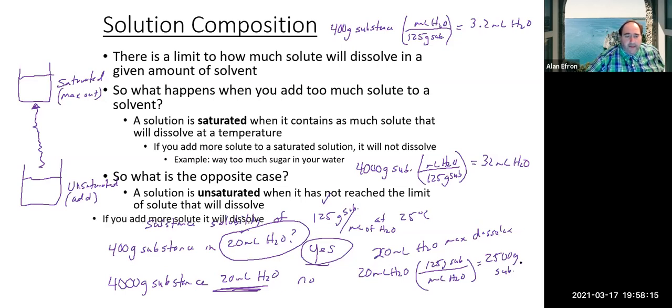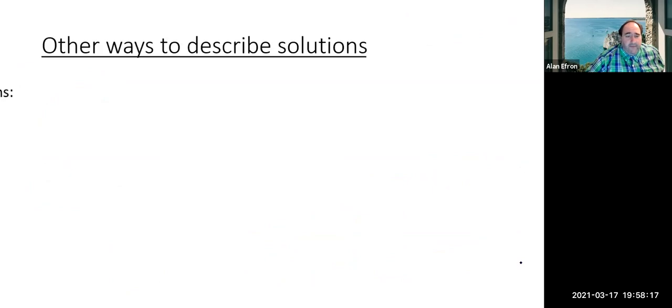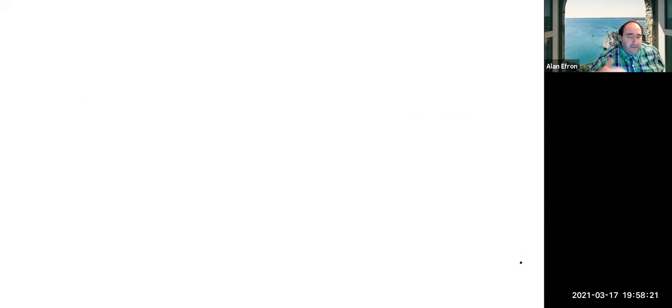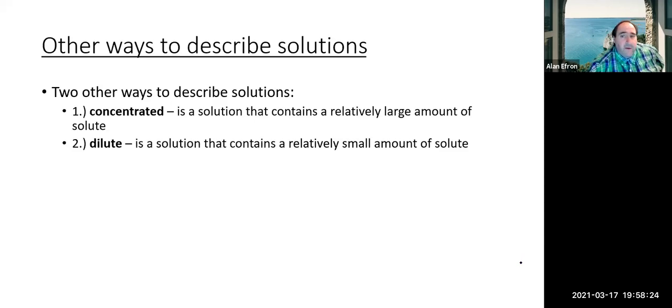Now, there are a couple other common ways we describe solutions: concentrated or dilute. A concentrated solution has a lot of solute dissolved in a very small amount of solvent. It's very concentrated, and that's how a lot of chemicals naturally come, as concentrated solutions.